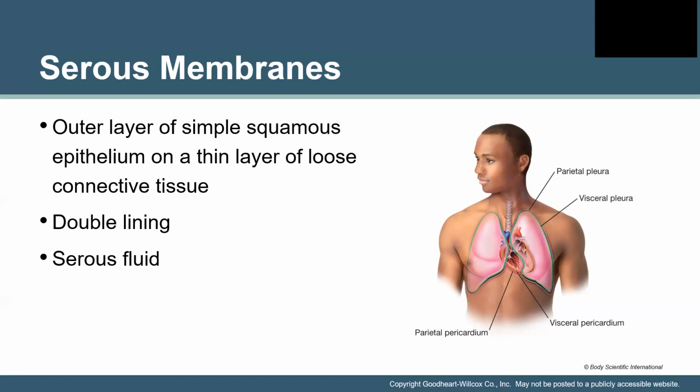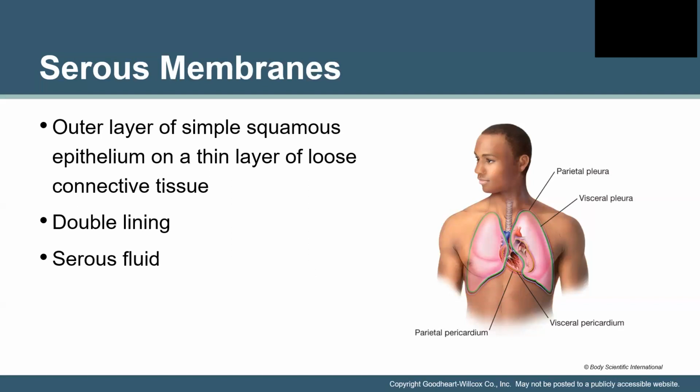This is the visceral layer of the serous membrane, and then it will have a space filled with serous fluid, a fluid that is produced primarily to reduce any friction from just inherent movement and metabolism. And then it will have this outer layer of this serous membrane, which we call the parietal layer of this pericardial tissue, that will help anchor the heart, in this case, to the body wall.